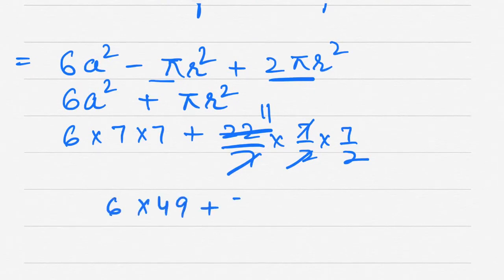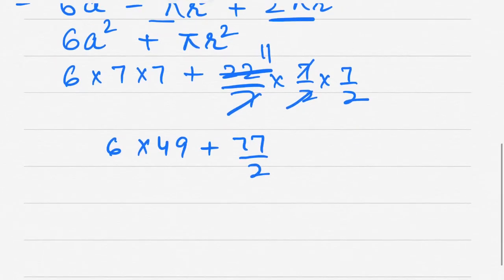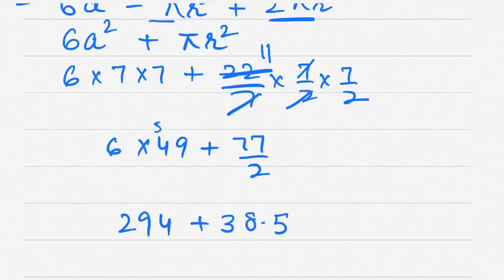Now this is 6 into 49 plus 77 by 2. 6 nines are 54, 6 fours are 24, and 294 plus 38.5, which comes out to be 332.5 centimeter square.